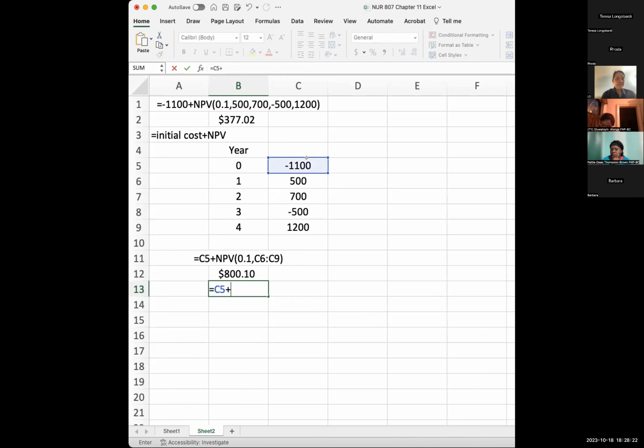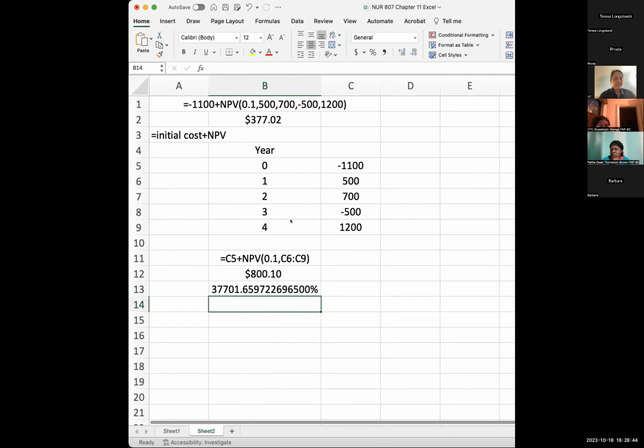Then I add, I write NPV, open the bracket, and I have to put the rate first. You can put it as a decimal or as a percentage, it should understand. Then I'm going to highlight these four and close the bracket. That's another way to do it.